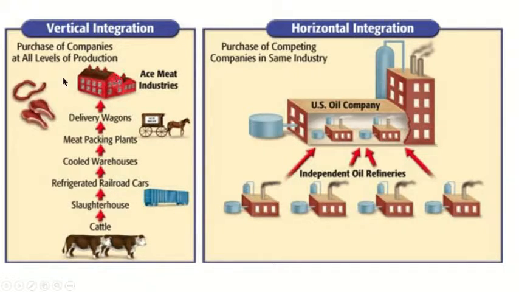Now, what Ace Meats ends up doing is it is cheaper if they buy each of these functions. When a company buys something from another company, every company wants to make profit.